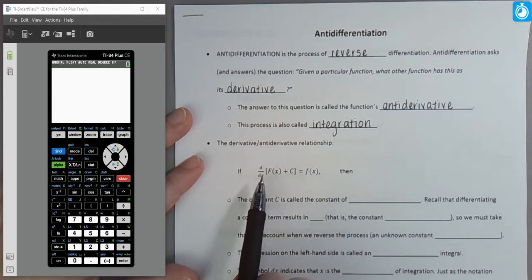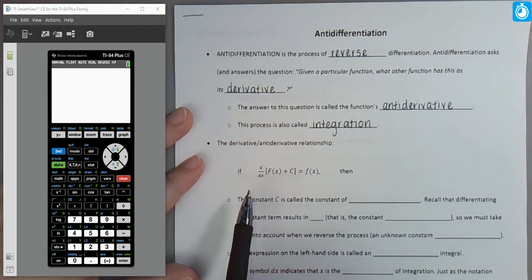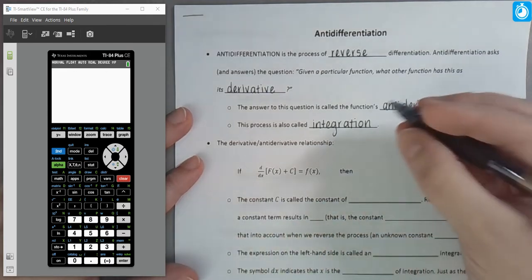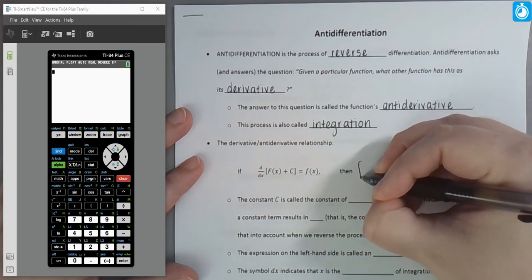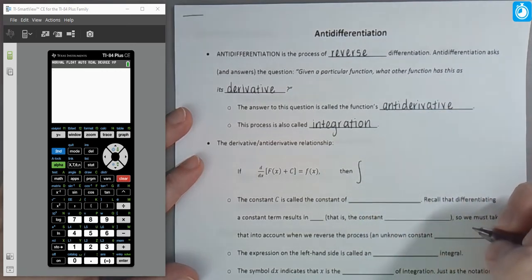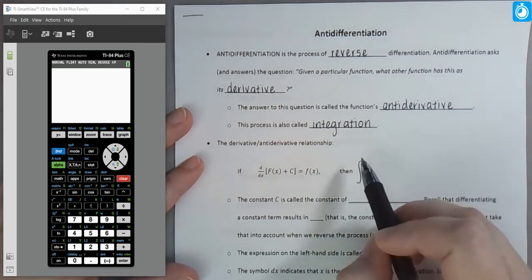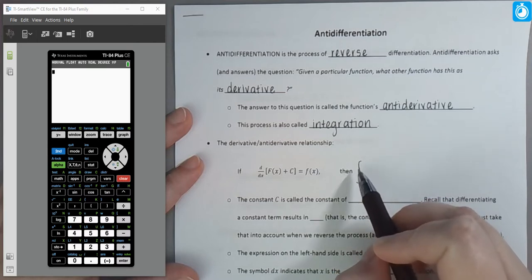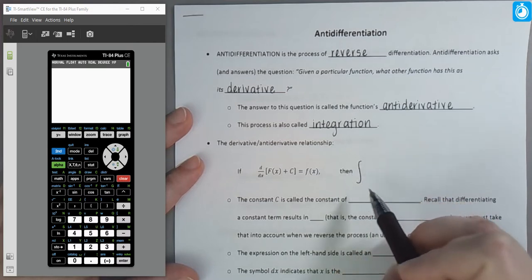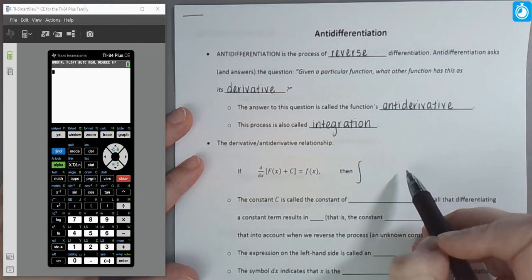So if this is our symbol to indicate that we're taking a derivative, there's also a symbol to indicate that we are integrating or taking an antiderivative. This is going to be the symbol for integration or anti-differentiation. It looks like a large S. And then next to that, we're going to write the function that we are finding the antiderivative for.